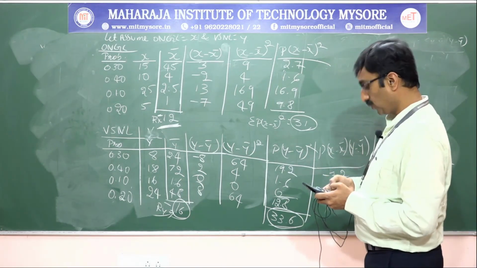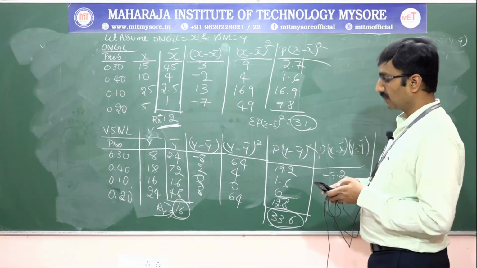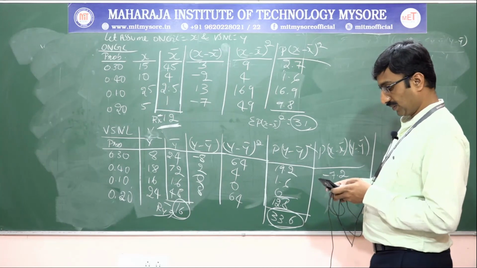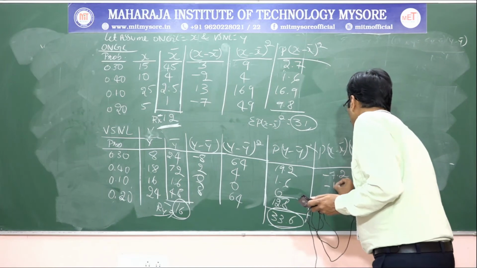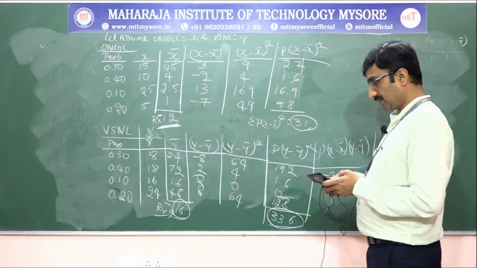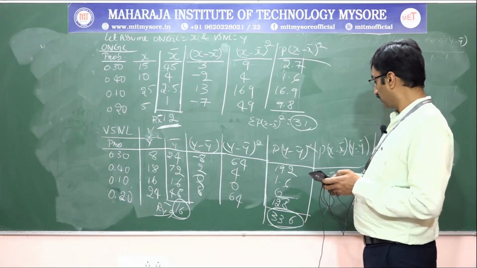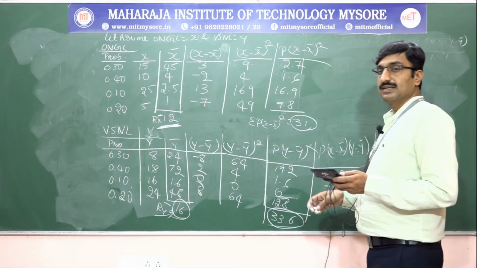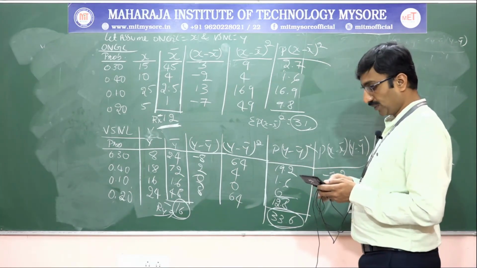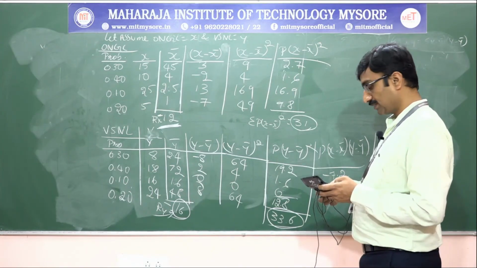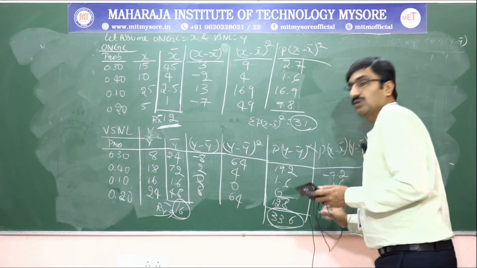Second one, P into 0.40 into X minus X bar into Y minus Y bar, you are going to get minus 1.6. Next, third one, 0.10 into X minus X bar, Y minus Y bar, you are going to get 0. Then same thing for the last one, 0.20 into X minus X bar and Y minus Y bar, you are going to get minus 11.2.